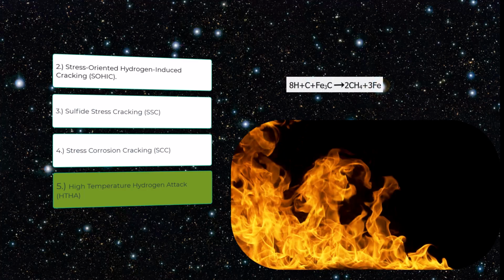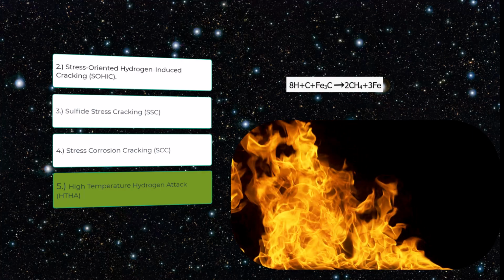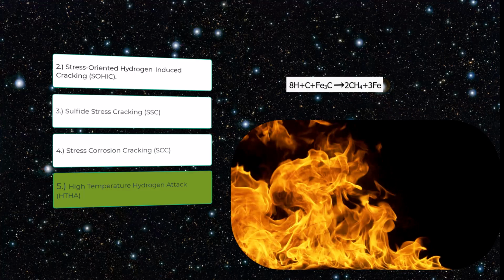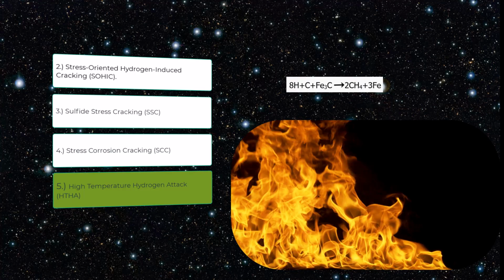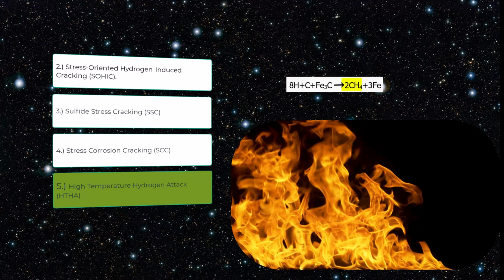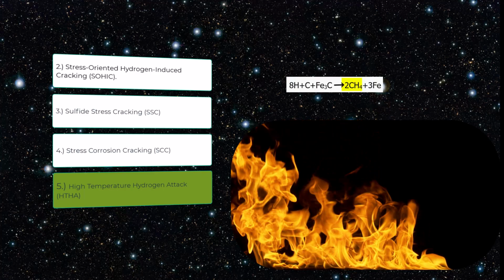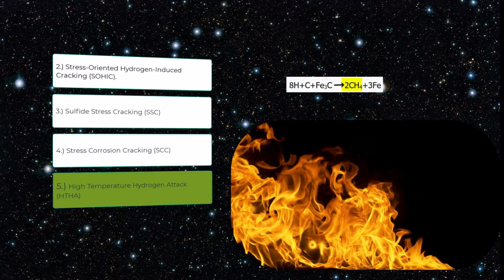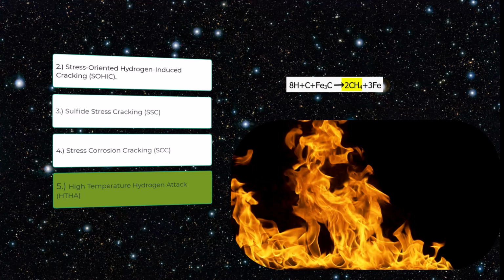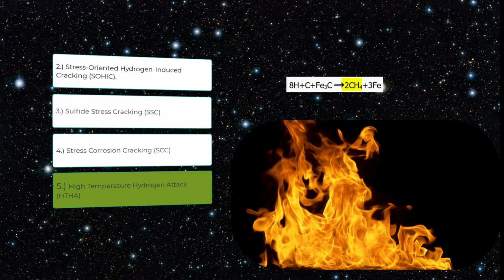From the chemical equation governing the reaction, we see 8 hydrogen plus carbon plus 3 iron C, we yield 2 methane plus 3 Fe ions. It is that 2CH4 that we're interested in, because as the hydrogen ions go through the lattice and into the steel, the available carbon forms with the hydrogen to form methane gas.